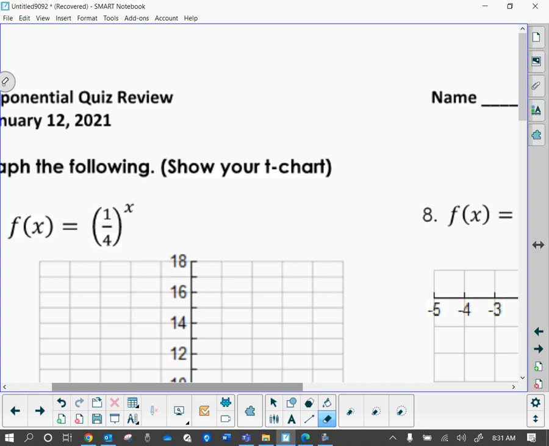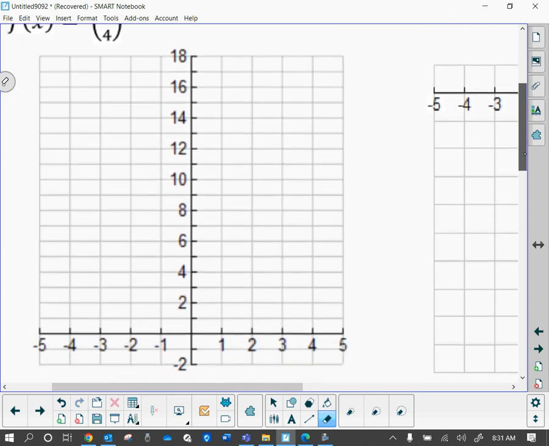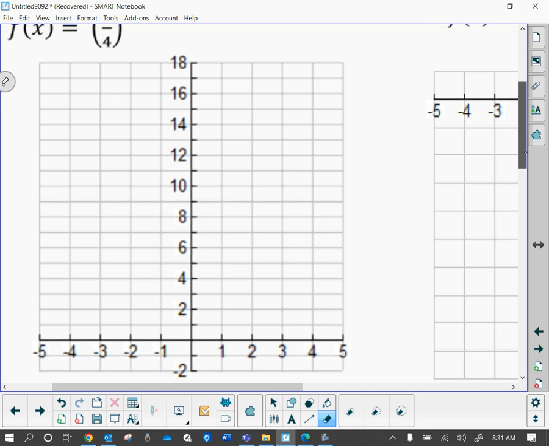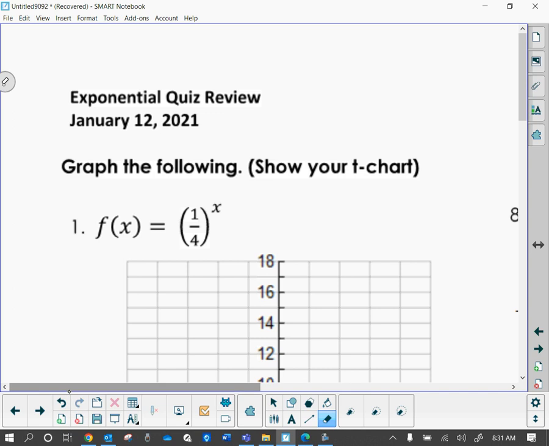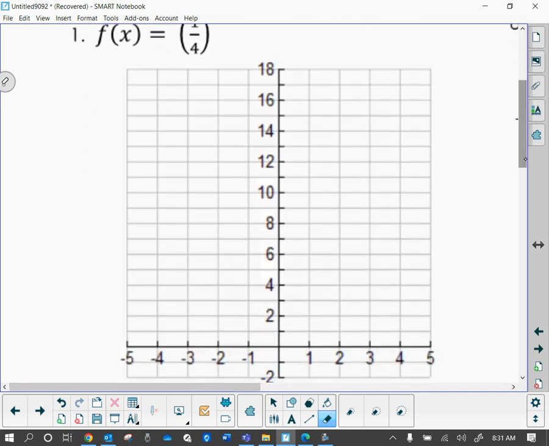Get your points. So get your calculator, go to the table function, and type in 1/4 to the x power.